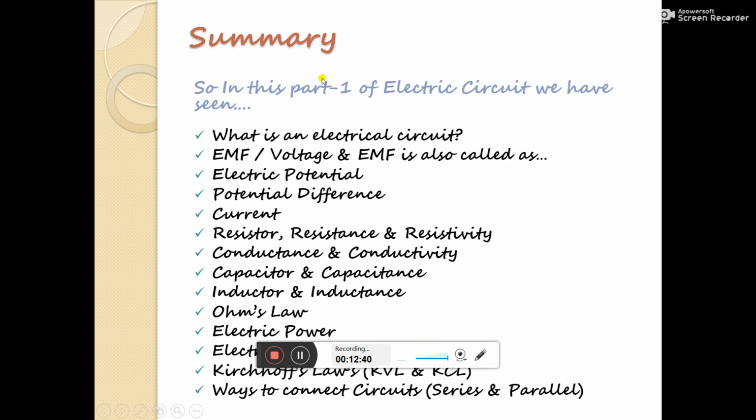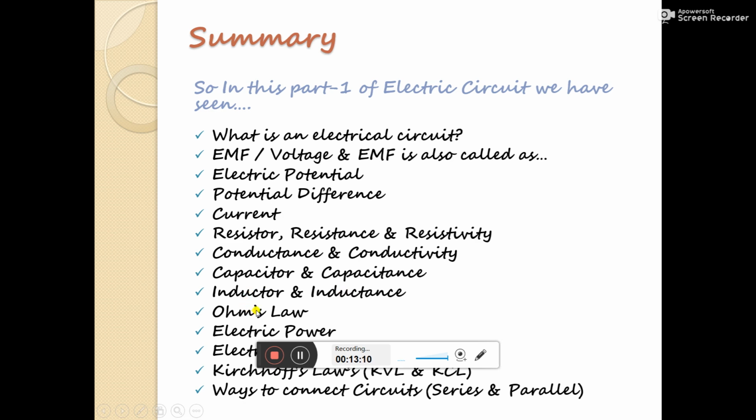Let us see the summary of what we have discussed in this video. We have seen what an electrical circuit is, then the concepts of voltage or EMF, electric potential, potential difference, current, resistor, resistance and resistivity, conductance and conductivity, capacitor and capacitance, inductor and inductance.